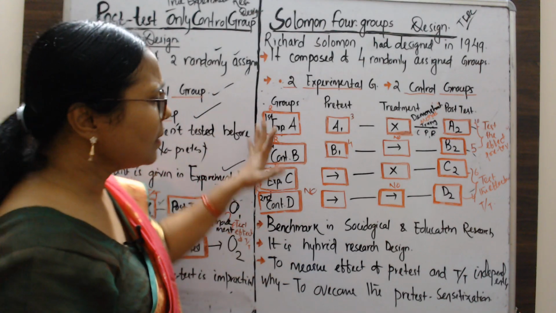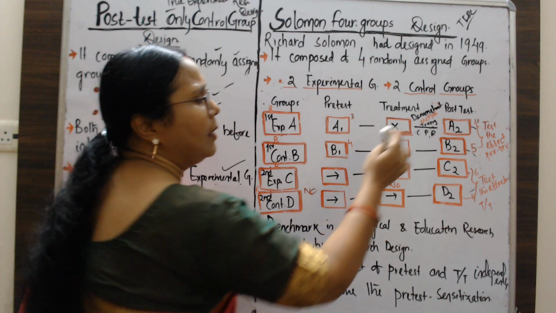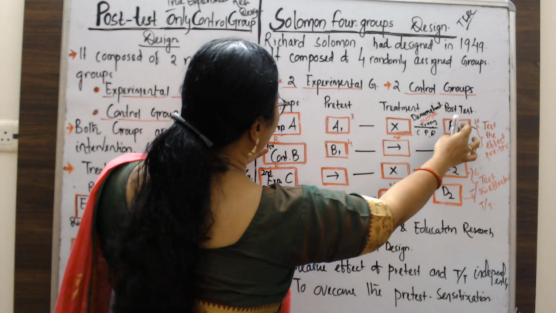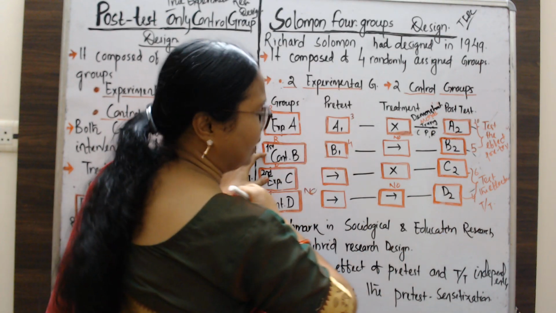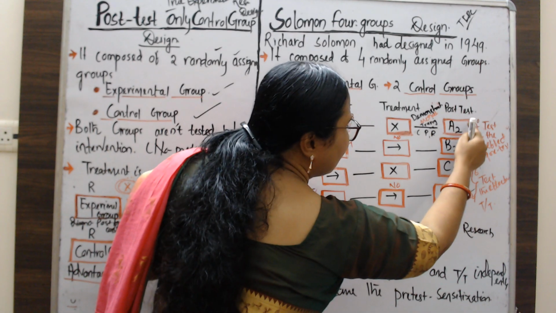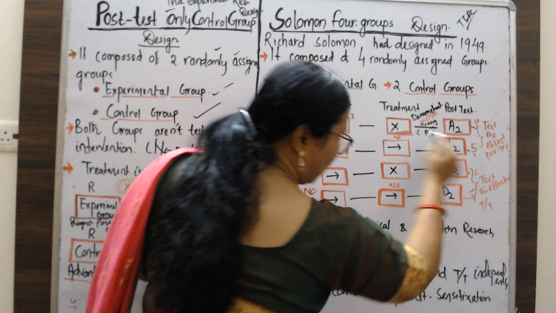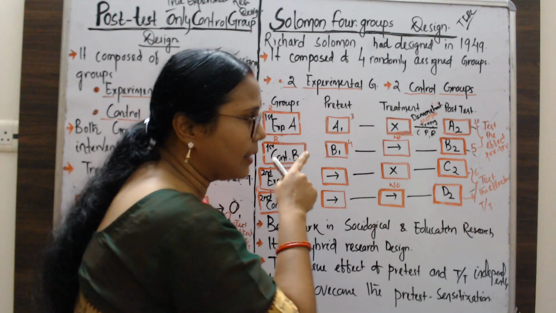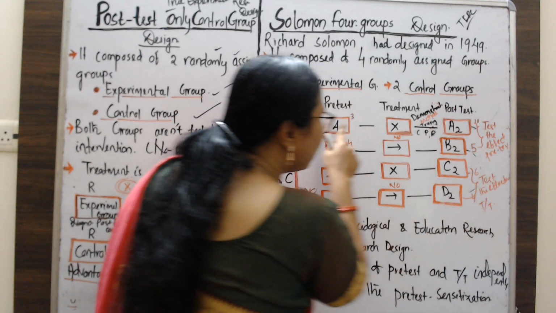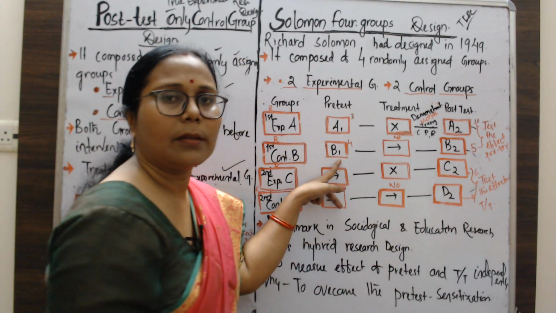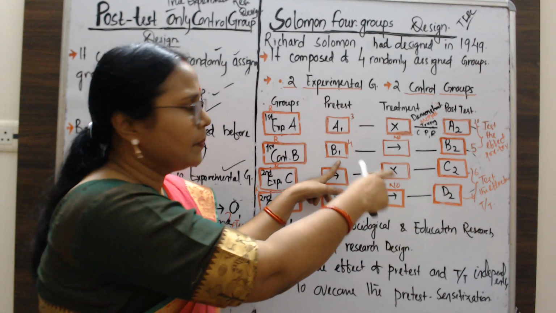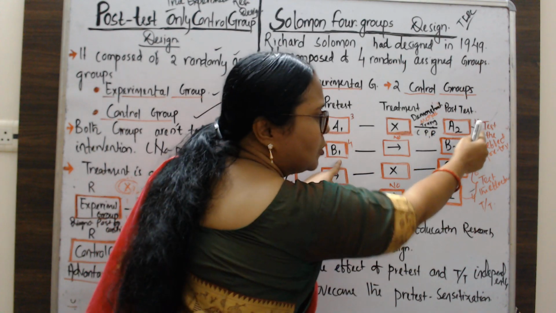By this way, when you compare A2 and B2, that is, experimental group 1 with control group 1, A2 is far better, or greater than B2. It indicates that due to the effect of the pre-test, the result is better. Due to the pre-test knowledge, the result will be better.